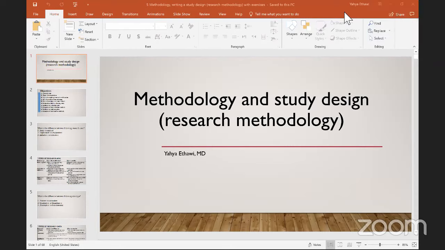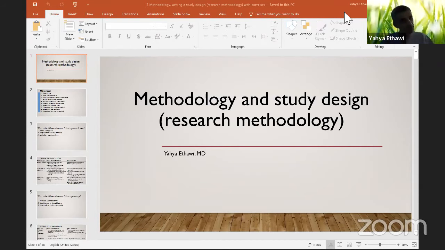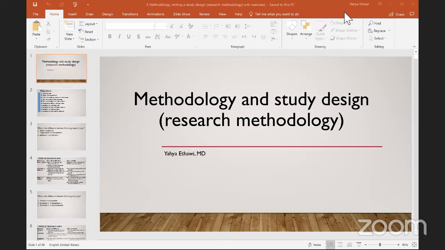Go ahead. First is regarding qualitative data, because I understand that the majority of the studies we do are quantitative studies, isn't it? Not the majority. There are many studies that are qualitative actually. I have done very many qualitative studies.